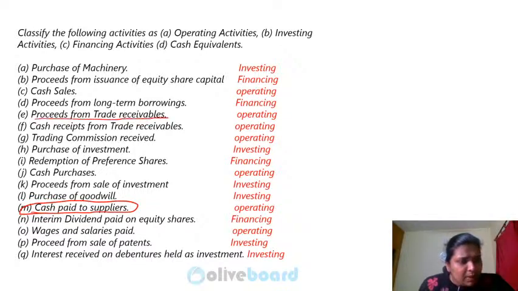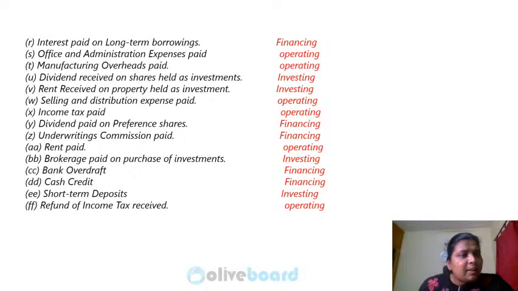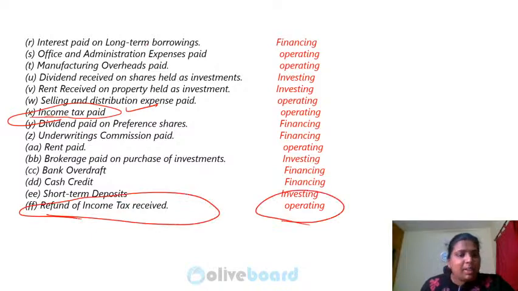Profits from trade receivables, operating. Wages and salaries paid. Then interest paid on long-term borrowings. Office and manufacturing overhead, dividend received, rent received, selling, income tax paid. Now you know this, it is operating. Next one, underwriting commission paid, rent paid, refund of income tax received, operating. Correct. I hope you guys understood now.